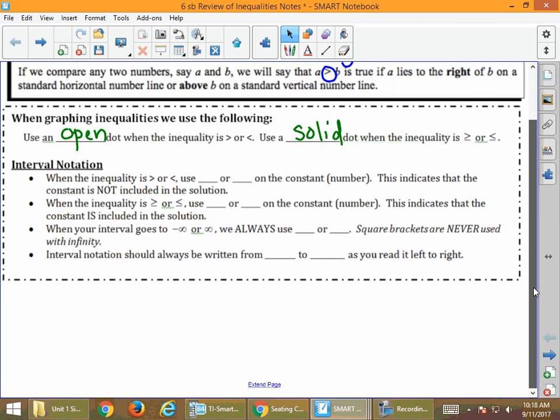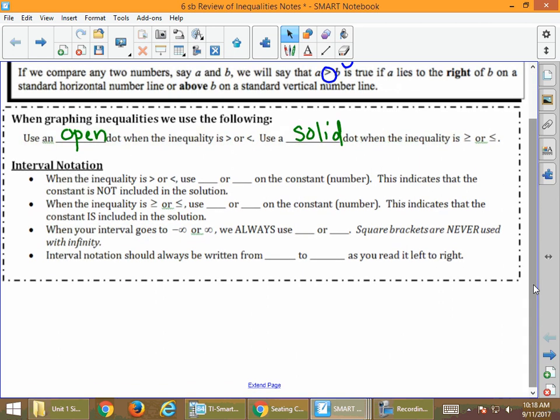Some other information. When the inequality is greater than or less than, what we do when we're writing an interval notation, again, which might be new to you, is that we use parentheses on the constant number. And when we see parentheses in interval notation, it means that the number is not part of the solution.